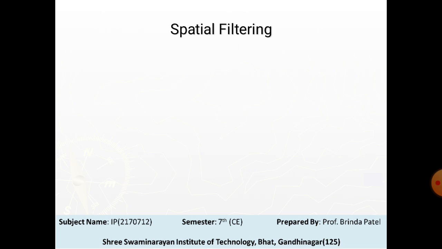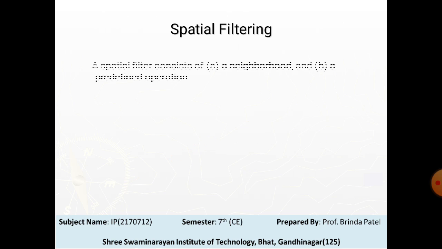Now, spatial filtering. Some neighborhood operations work with the values of the image pixels in the neighborhood and the corresponding values of a subimage that has the same dimensions as the neighborhood. The subimage is called a filter, mask, kernel, template or window, with the first three terms being the most prevalent terminology. The values in a filter subimage are referred to as coefficients rather than pixels.